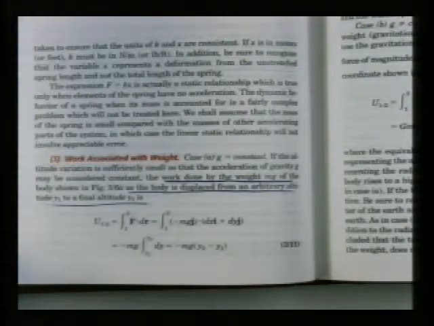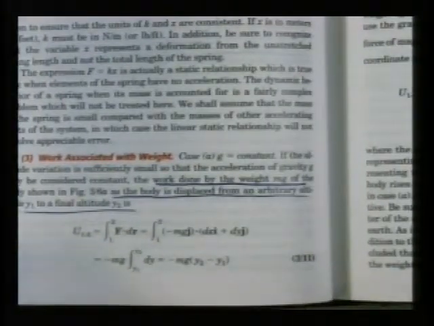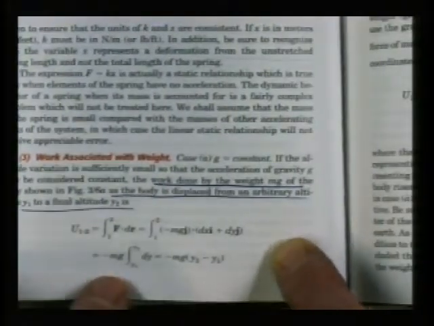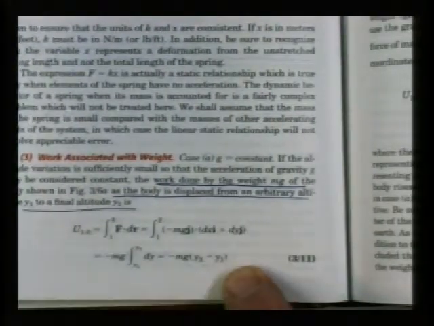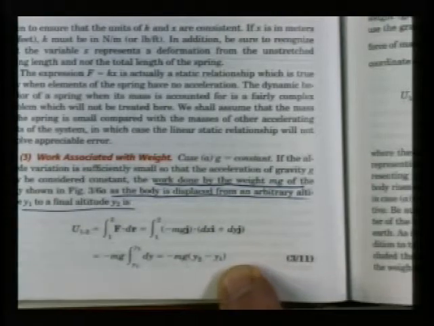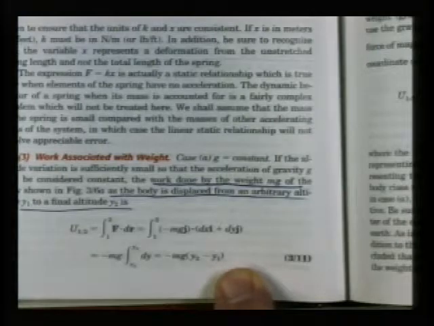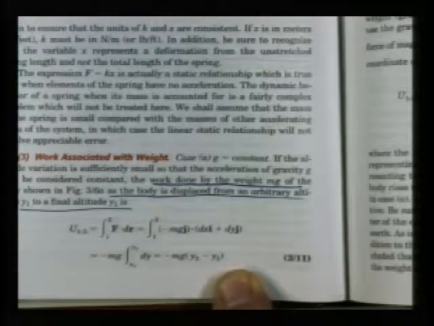When I showed you the energy, or the work done associated with moving a mass, I actually presented it from the perspective of potential energy. If you look in your notes, I believe I had a positive mg and h2 minus h1, or y2 minus y1.